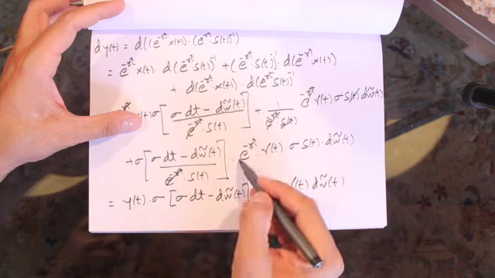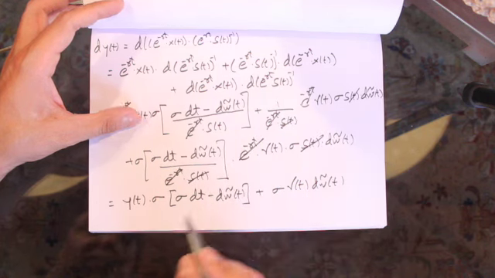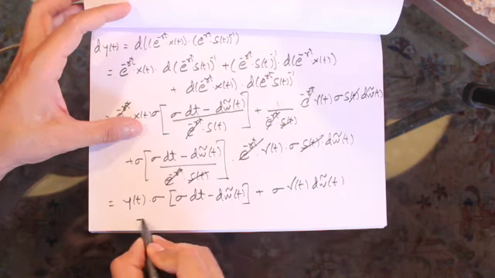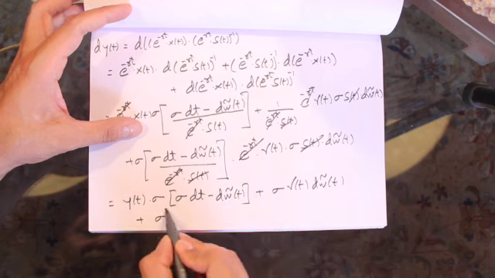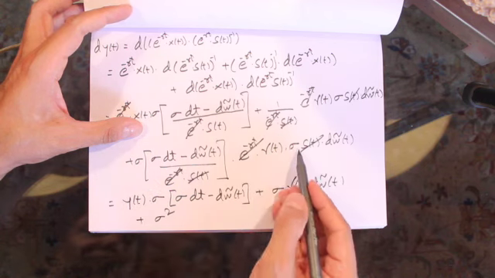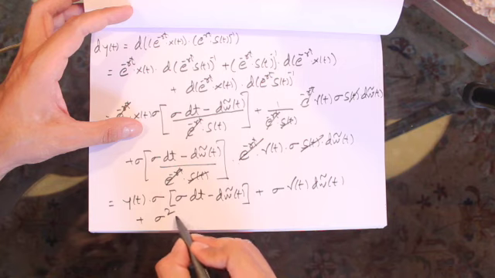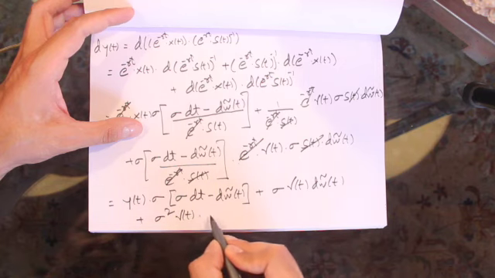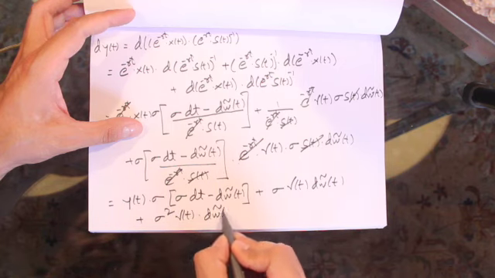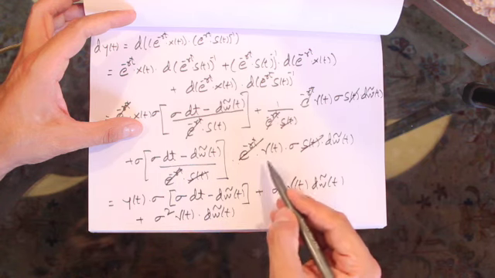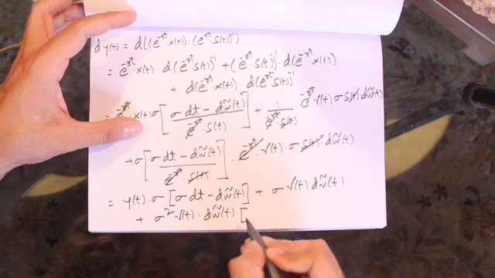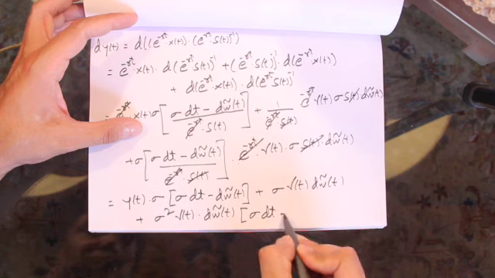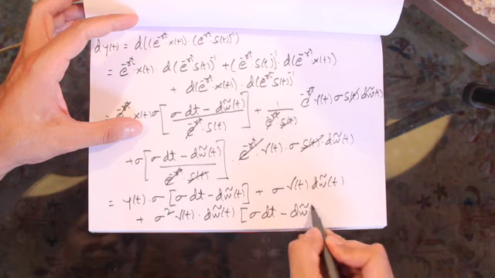And here I have sigma squared, because I have a sigma here, times gamma of t dW tilde of t, and then inside the brackets sigma dt minus dW tilde of t.